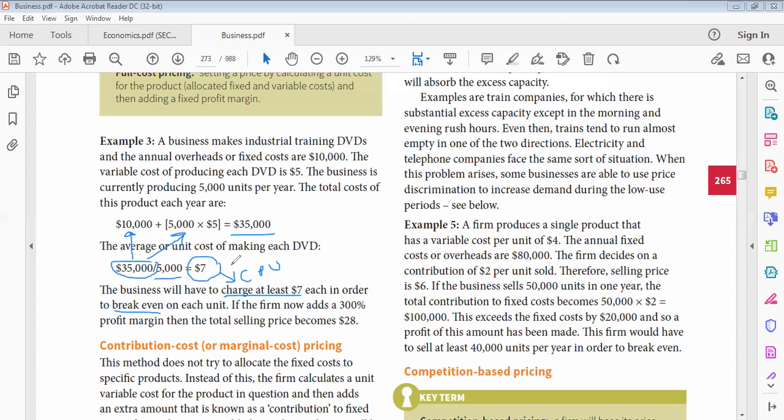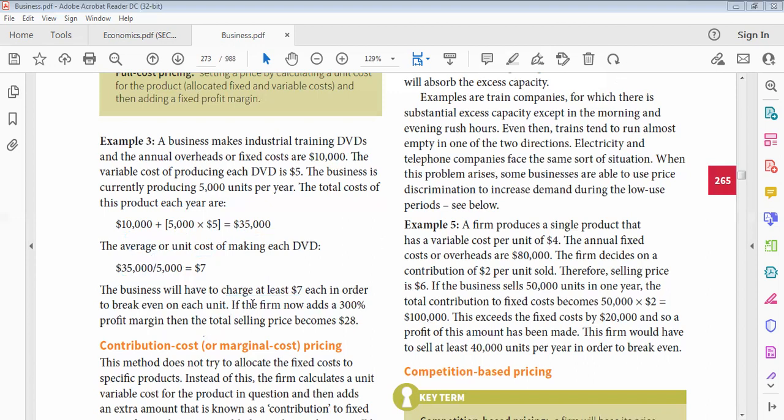So if you use this method, you cannot fix your price at $6 or $5, because in that case you will be making a loss. This method tells you the minimum return that you need to break even or to survive in the market. So it's called full costing.